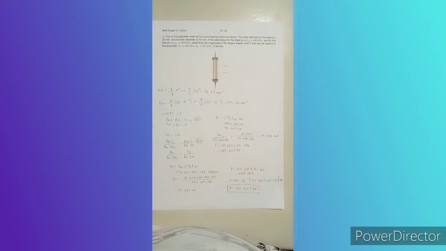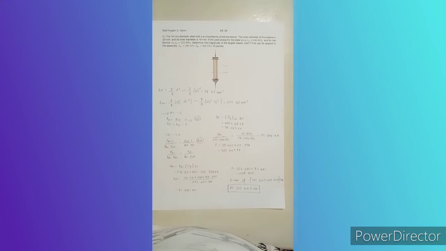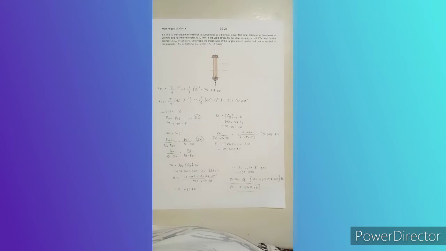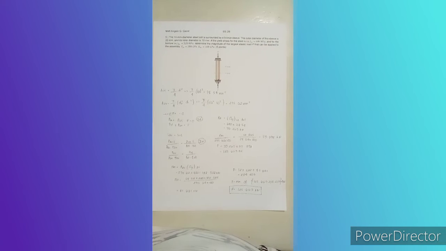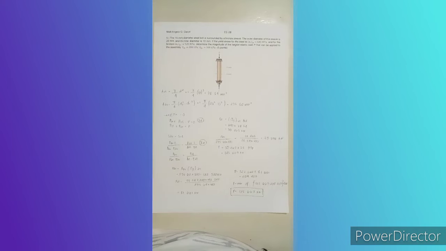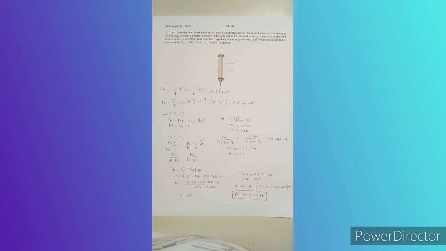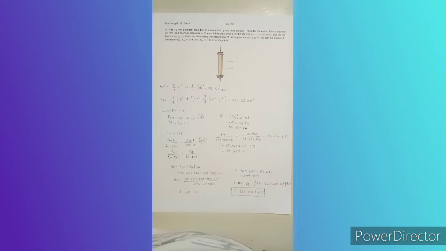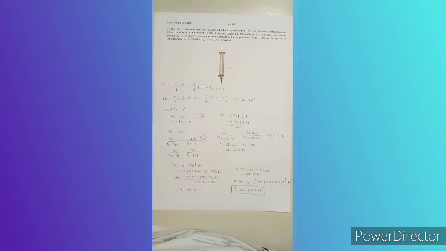If the yield stress for the steel is τY sub ST is equal to 640 megapascal, and for the bronze τY sub BR is equal to 520 megapascal, determine the magnitude of the largest elastic load P that can be applied to the assembly. E sub ST is equal to 200 gigapascal. E sub BR is equal to 100 gigapascal.